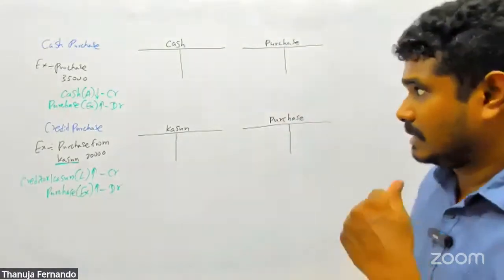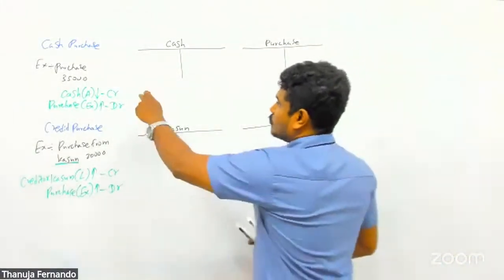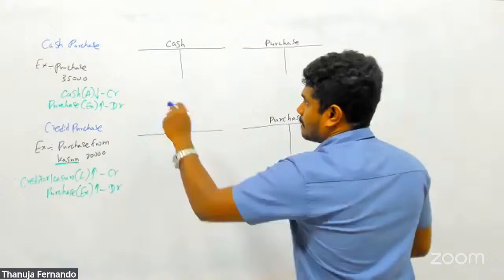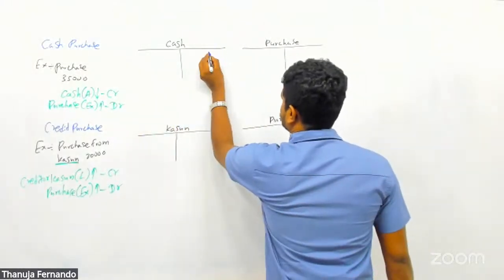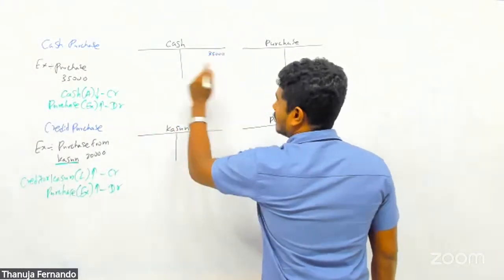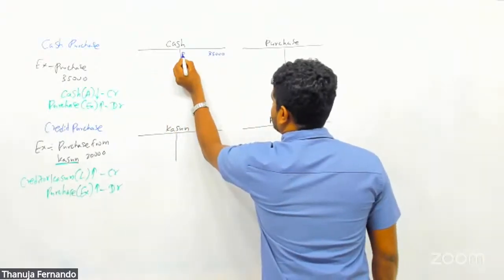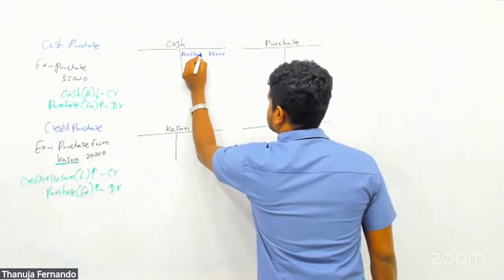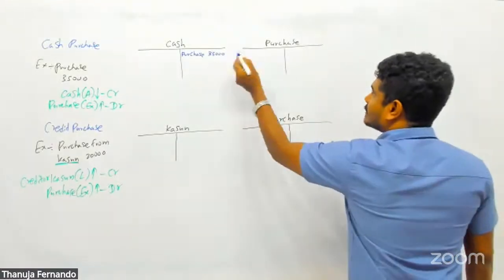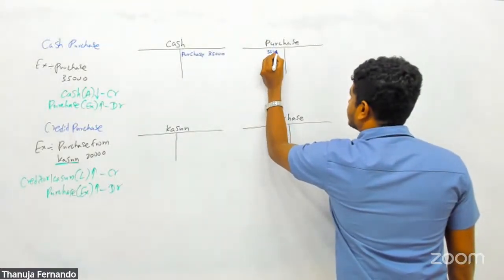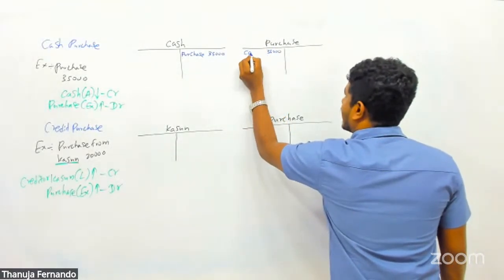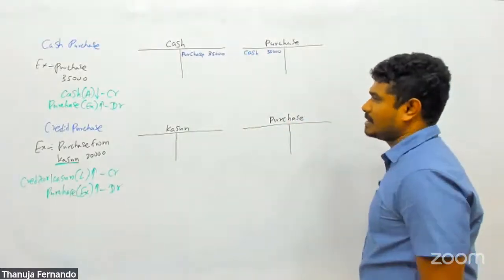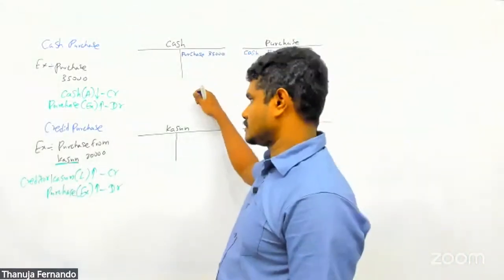So let's record this. Cash account credit here, 35,000, and in the description exchange the name as purchase. In the purchase account, debit 35,000, exchange the name as cash here. Right? This is how we record a cash purchase.